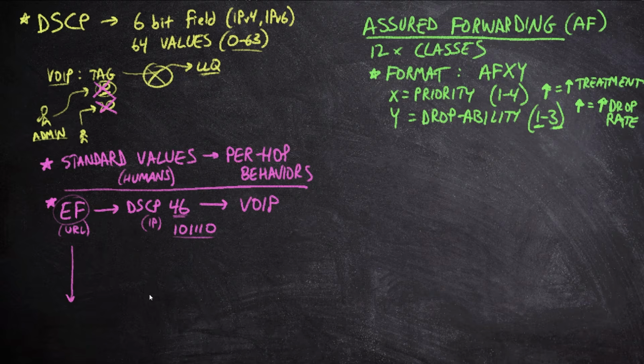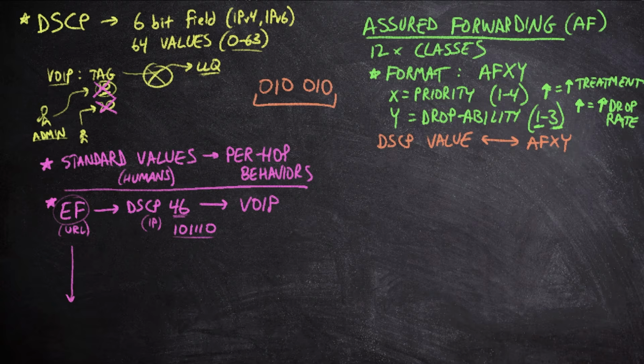But the first thing we need to recognize is that there is a relationship between a DSCP value, again, that 0 to 63, and the AF XY value that we just talked about. This has to do with these 6 bits. And again, we don't want to drill too deep into this, but we're going to find that we have 6 bits, and let's just say something like 0, 1, 0, and 0, 1, 0.